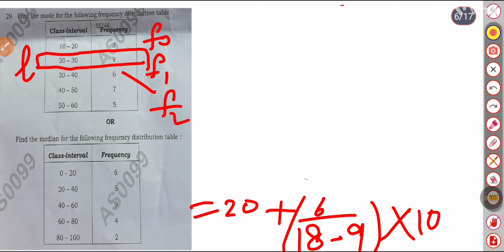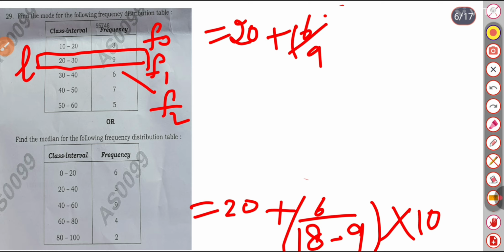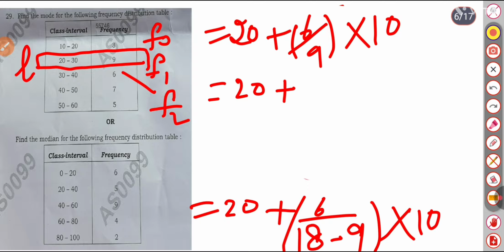Okay, next this is equal to 20 plus 6 by 9 into 10. That is equal to 20 plus, 3 2s are 6, 3 3s are 9, into 10.